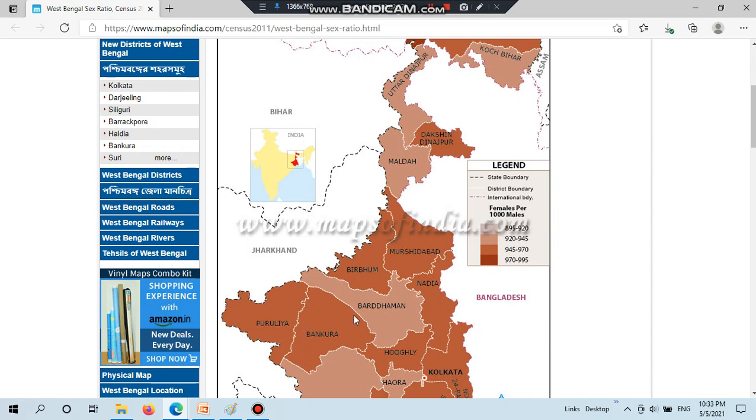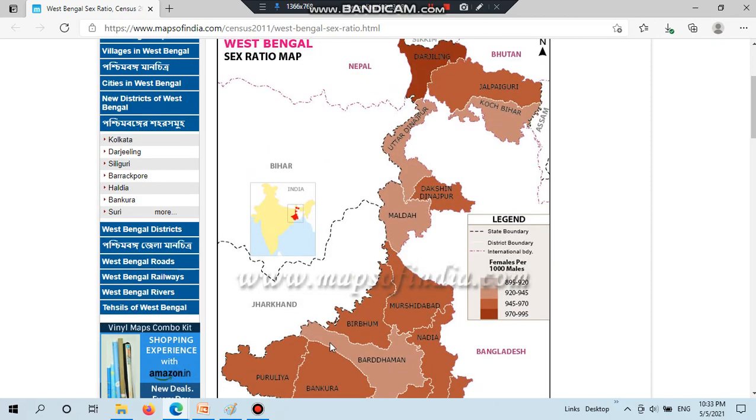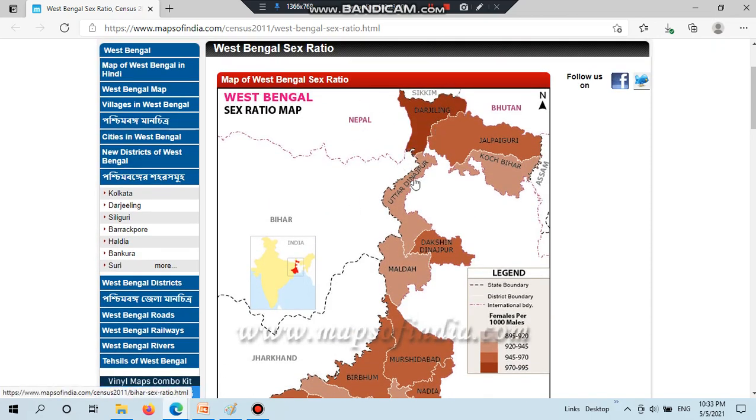Therefore, the spatial reference merged with the political boundary somehow provides erroneous information regarding the sex ratio of West Bengal.